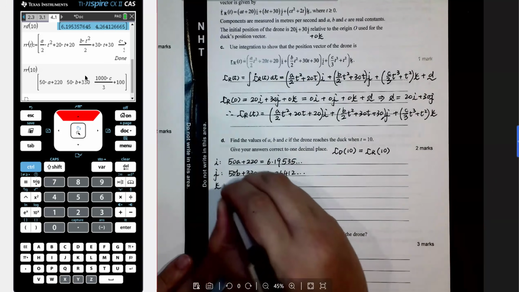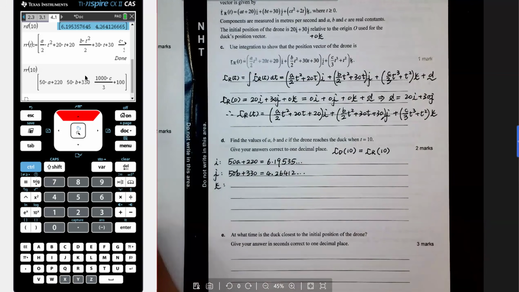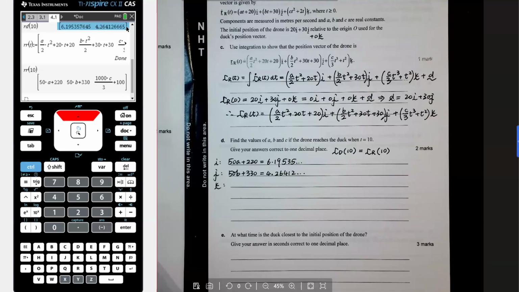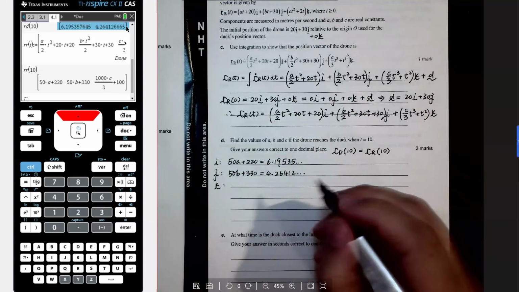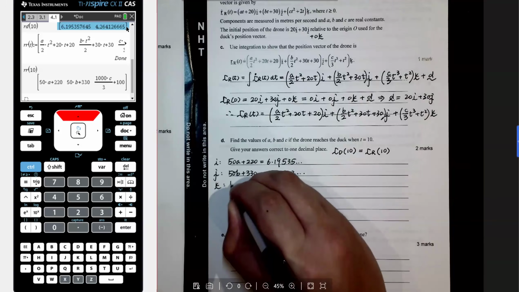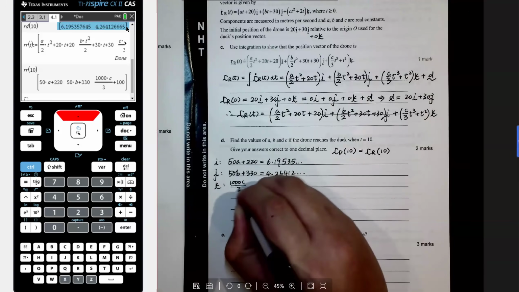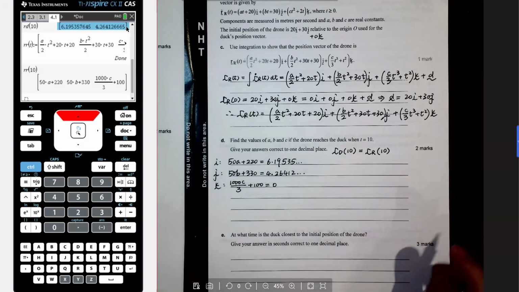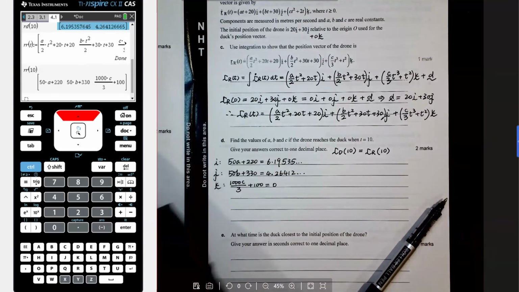And the K component, it has nothing in the previous vector, it doesn't have the K component, so just treat it like 0. So you have 1000C divided by 3 plus 100 equals to 0. So you have those 3 simultaneous equations and solve them.